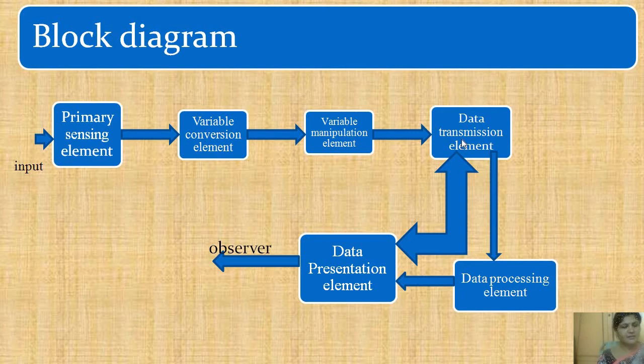The output of the data transmission element is either given directly to the data presentation element, or given to the data processing element, and the output of the data processing element is again given to the data presentation element, so that after processing, the observer reads the value of the measured variable.